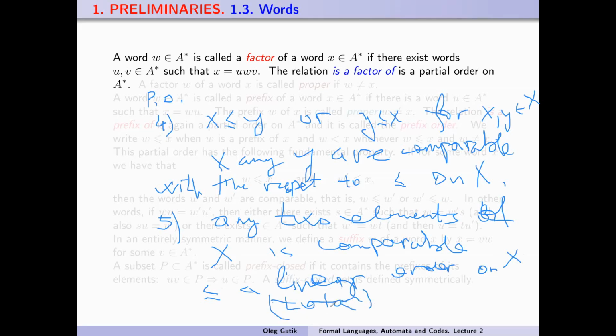These two terms are equivalent: linear order or total order on X. Also, a set with a partial order is called a partially ordered set. A set with a linear order, or equivalently a total order, is called a linearly ordered set or chain.